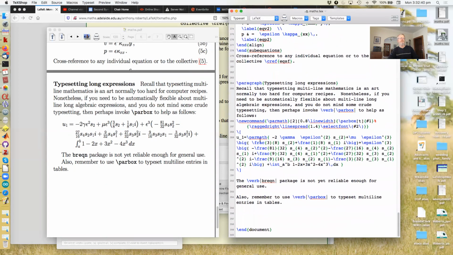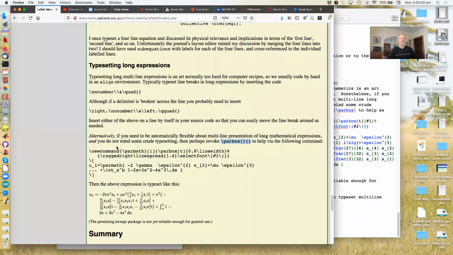There's the source code. This is an example from one of my web services with the interval thrown in just for fun. Okay, how do I typeset it without having to manually intervene? Via this command parmath. Let me tell you about that.